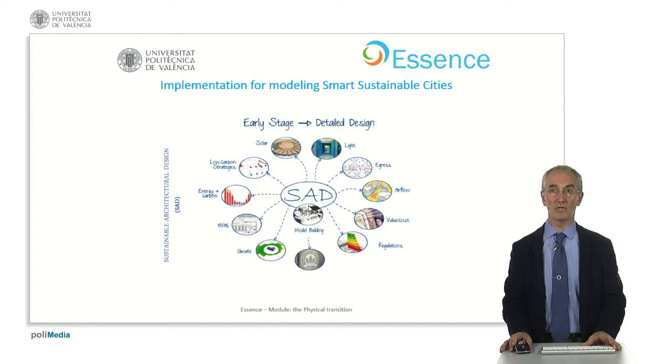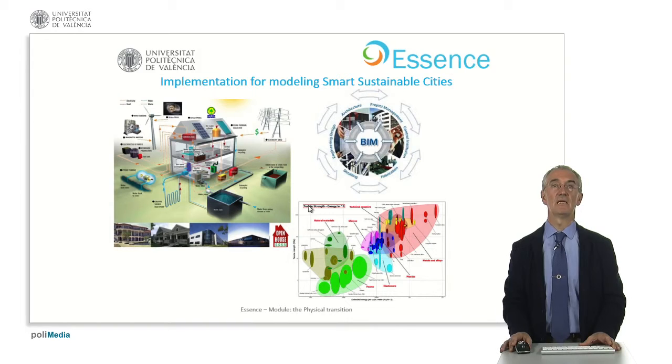This is also included as part of the BIM model, and we can then compare different indicators and provide our own desired and agreed image on what's a future sustainable city.